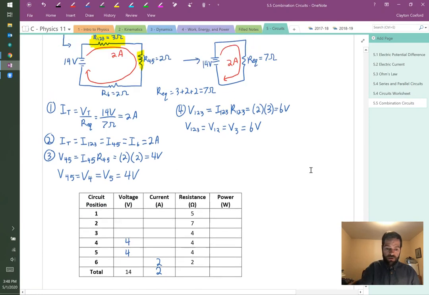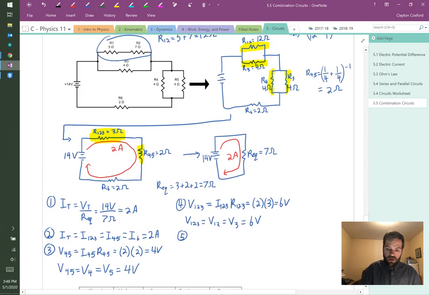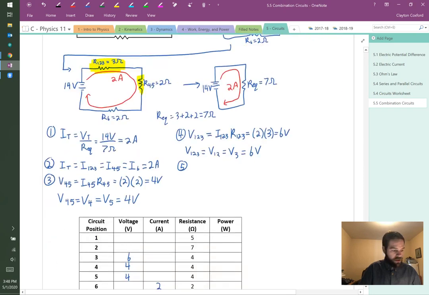But we did figure out that the voltage drop across resistor 3 was 6 volts. So here is what we need to do. If we know that the voltage drop across resistors 1, 2 is 6 volts, then the current through resistors 1, 2, using Ohm's law, is V, the voltage drop across 1, 2, over the equivalent resistance of those resistors.